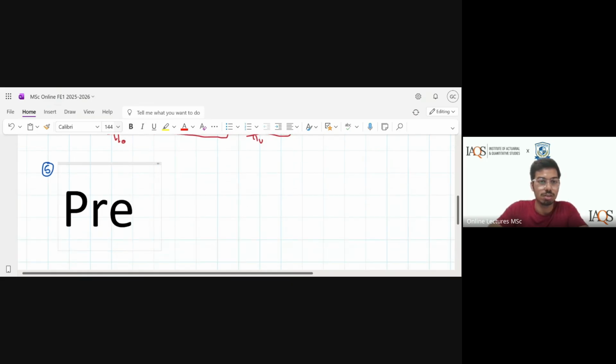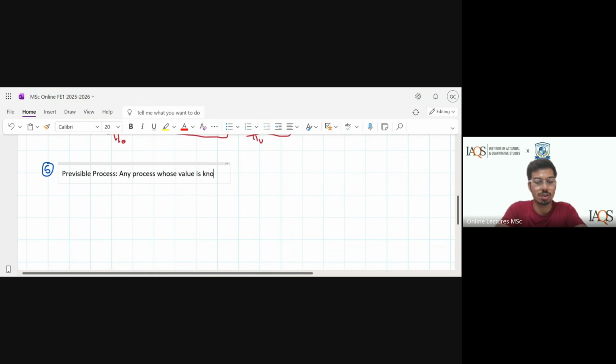It's called the predictable process. Any process whose value is known one step in advance and does not change over that step.